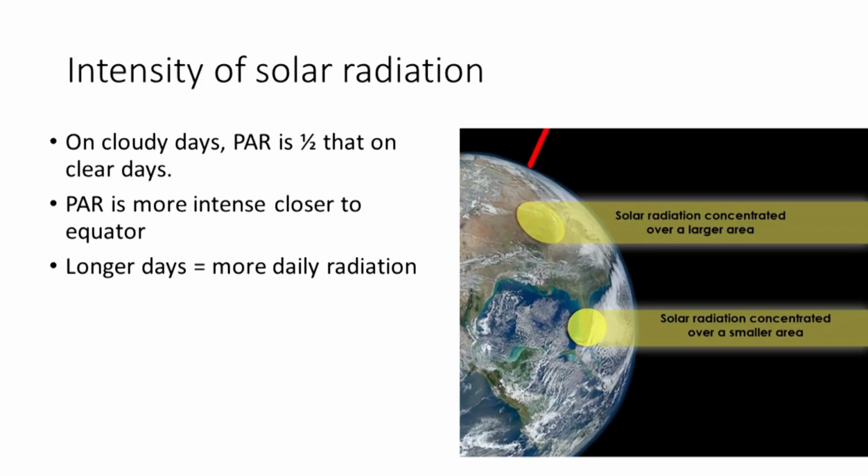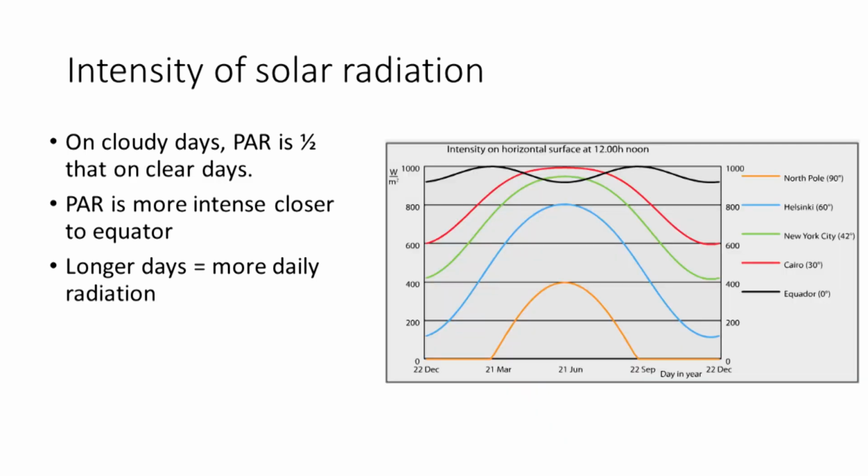Generally, solar radiation, again measured on a per area basis, declines as you get further away from the equator. And this is just basic geometry: the intensity of that sunlight is going to decline because it's spread out over a larger area. This is a graph that tracks solar radiation intensity in terms of watts of radiation per meter squared at different cities that are at different latitudes.